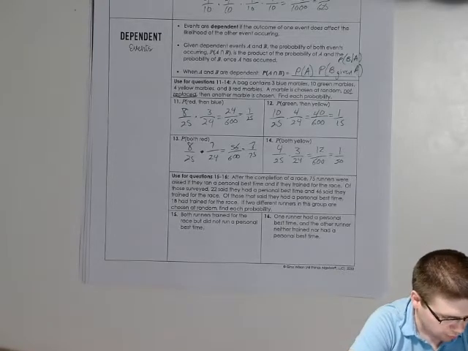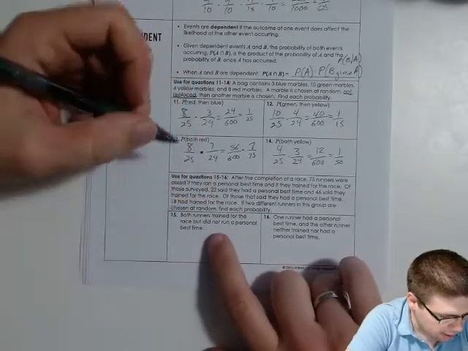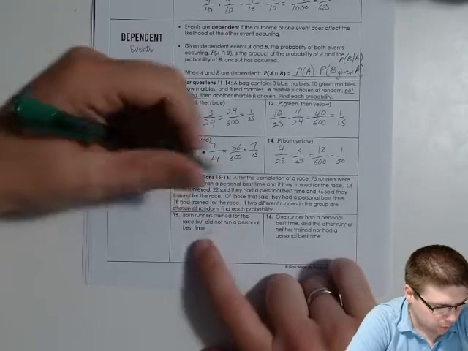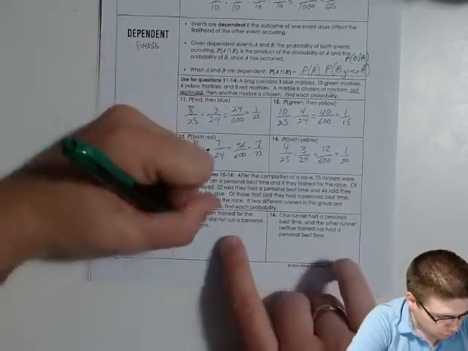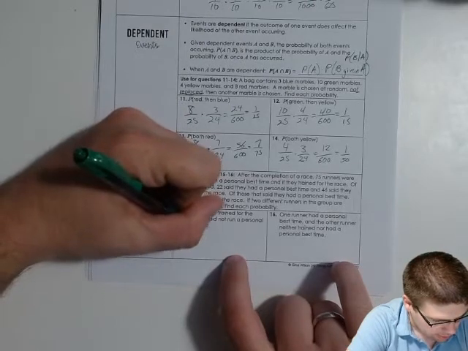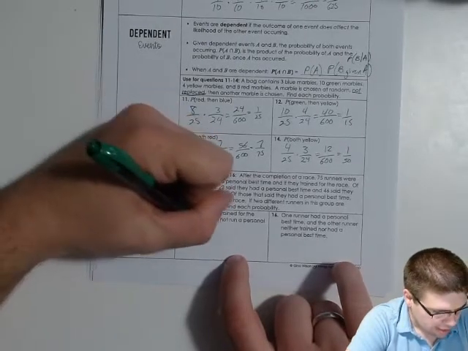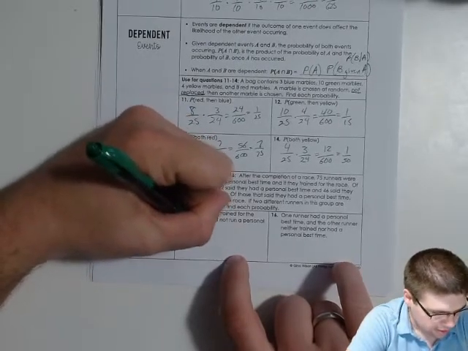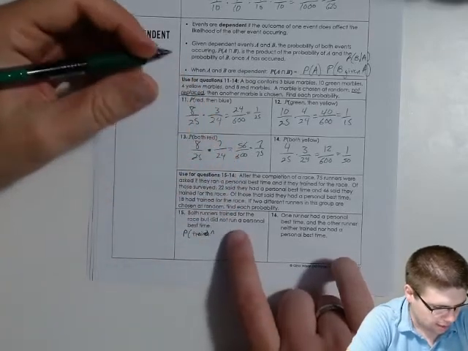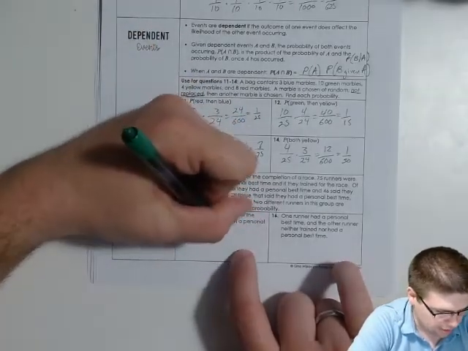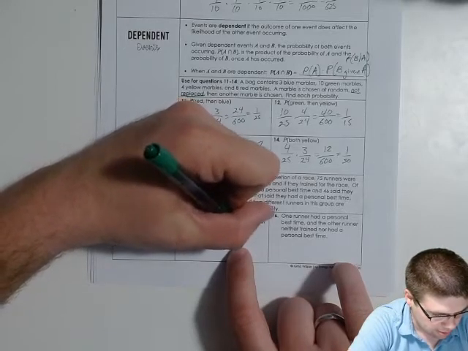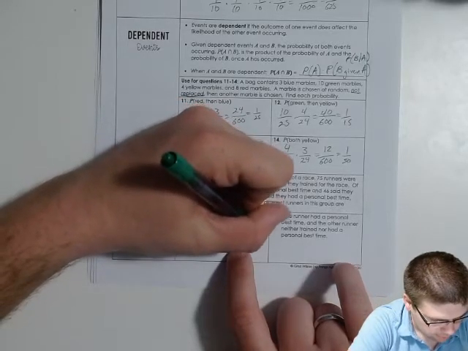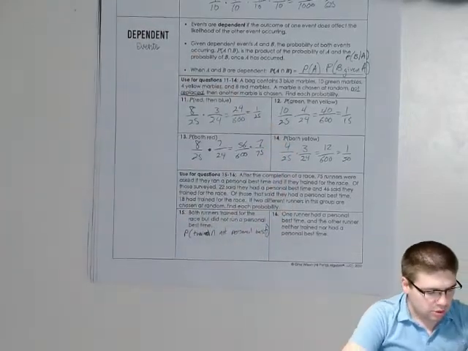So the first thing that we want to do is find the probability that, I'm going to write this out this way, we want the probability that they trained and did not run a personal best time. So, and not personal best. So that's ultimately what we're interested in.